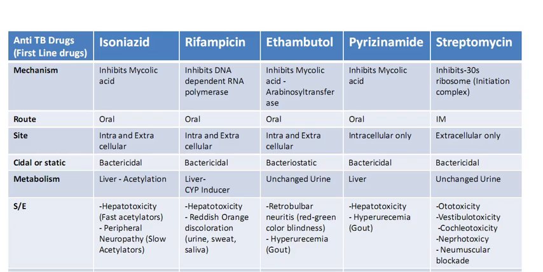Now, isoniazid also causes hepatotoxicity, so this is another drug which can lead to hepatotoxicity. Another side effect is reddish-orange discoloration, that is, urine, sweat, and saliva can turn orange. And that's why it is very important to give patients sufficient knowledge before they start the therapy that this drug is bound to cause orange discoloration, otherwise the patient would panic.